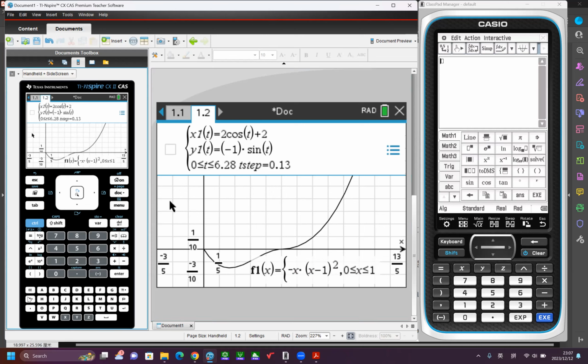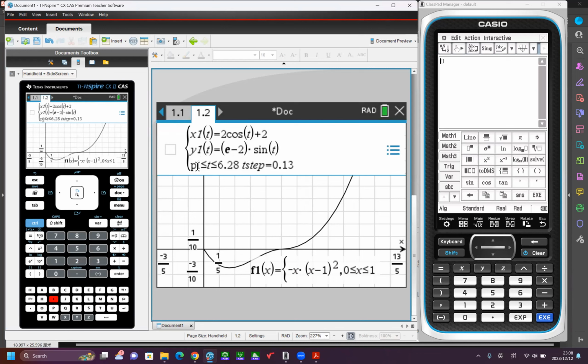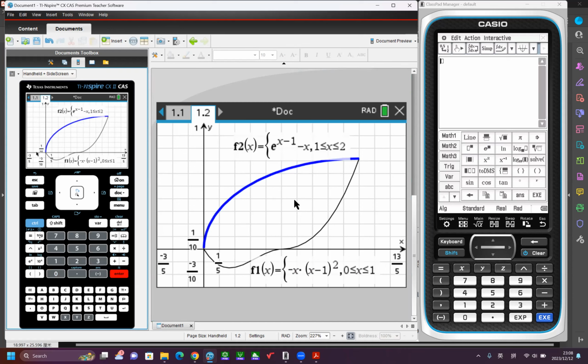You can access the e from the pi button, okay? Actually, it's e minus 2. Don't forget to adjust your t domain, like pi over 2 to pi. And t step, I'll use 0.03, using a smaller t step to show greater resolution on the curve, and then press enter.